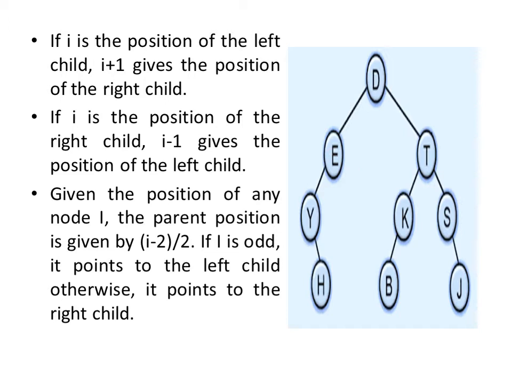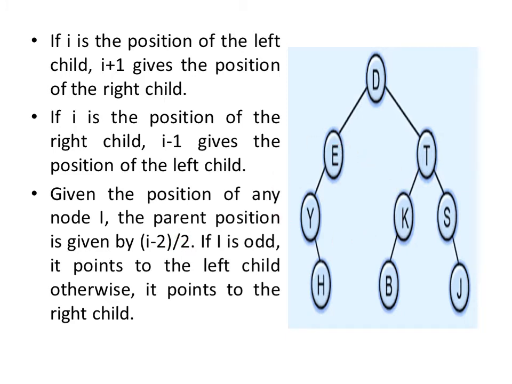Here you can observe. Then, given the position of a node i, the parent position is given by (i minus 2) whole divided by 2. I am dividing all this by 2, that is the parent position.